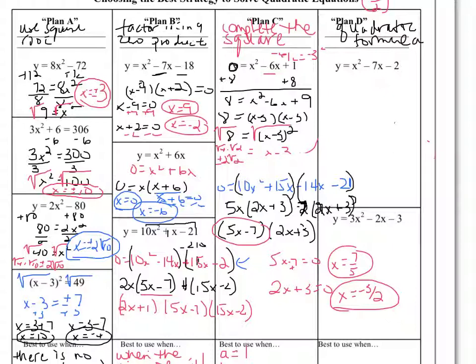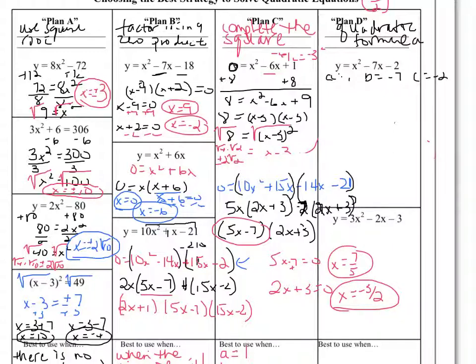So in this case, we want to use quadratic formula. The quadratic formula is negative b plus or minus the square root of b squared minus 4ac, over 2a. I'm just going to fill in what I know. I know a is 1, b is negative 7, and c is negative 2.